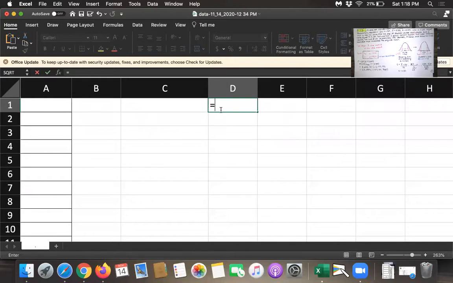Let's do that now. So we type equals t.dist.2t, 2t for two tails, and then we'll enter that t-score, negative 2.55 approximately. And we've got 93 as our number of degrees of freedom.